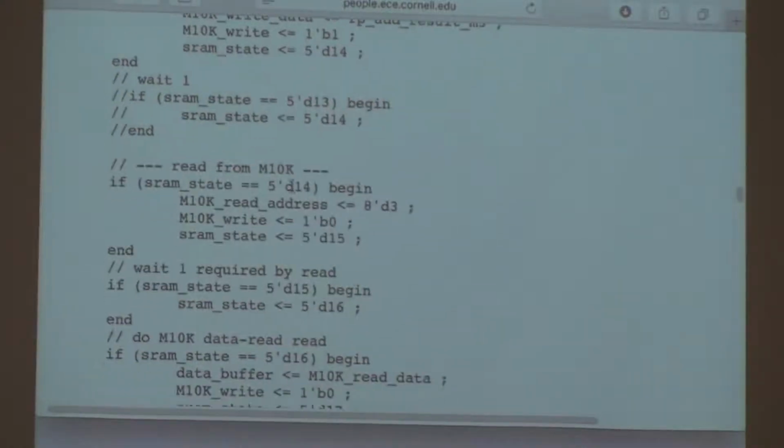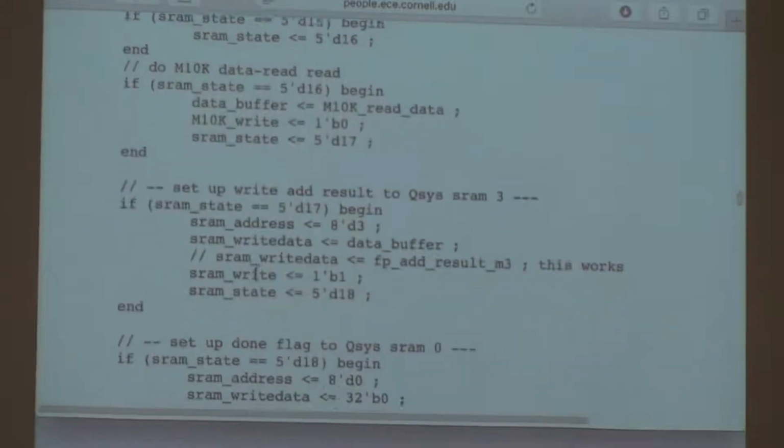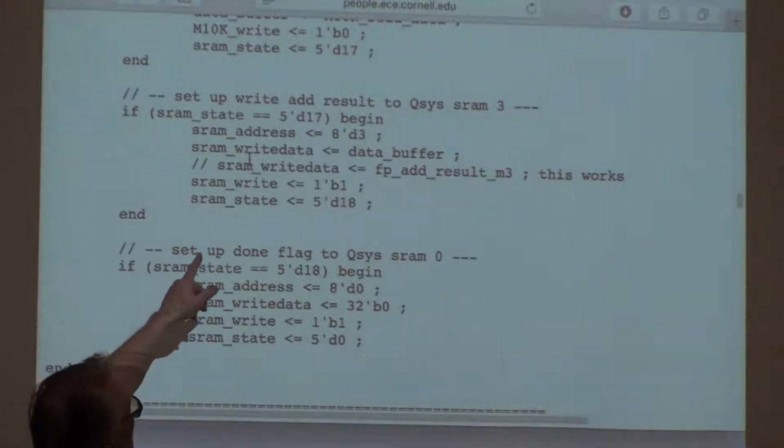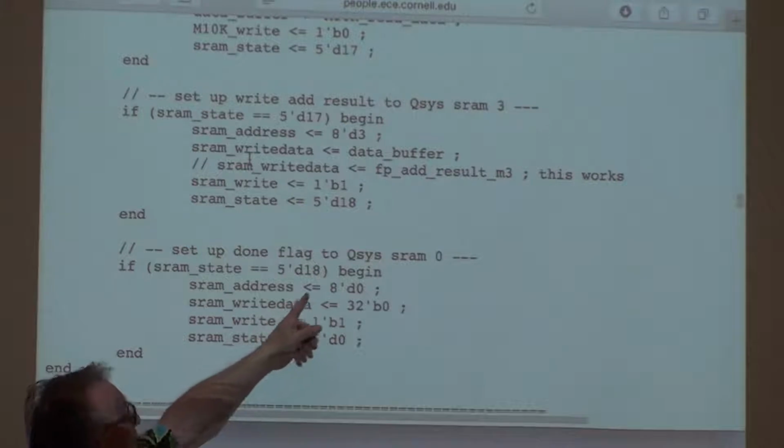You read from the M10K block, wait 1 cycle, just like you do for MLab or any other on-chip read. Read back the M10K data into the data buffer. Set up the write back to the SRAM. And then clear the flag.